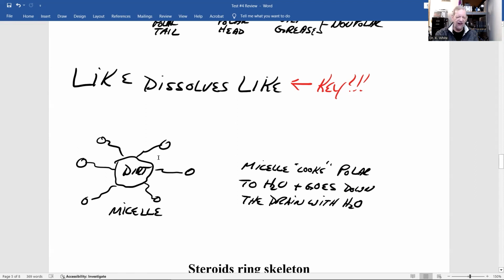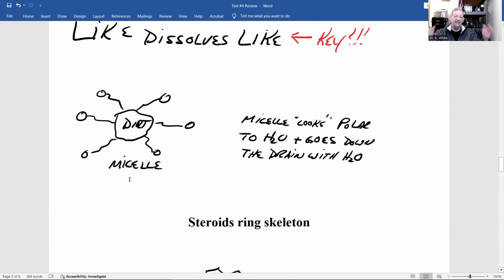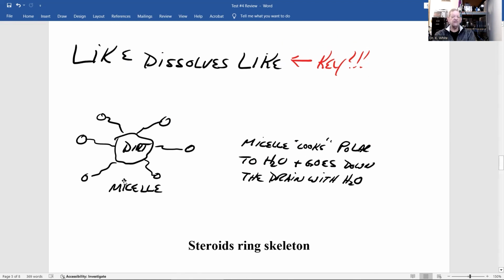Now, the micelle, I don't have a picture, but if you go back, I have a nice one in the chapter lecture notes or slides. The micelle looks polar to water because the whole dirt is surrounded by the soap molecules with the polar heads on the outside.